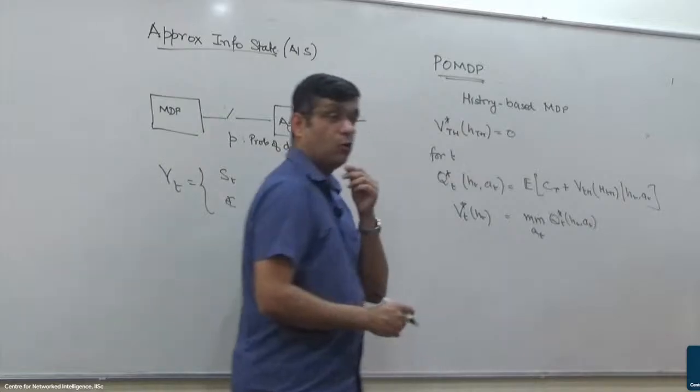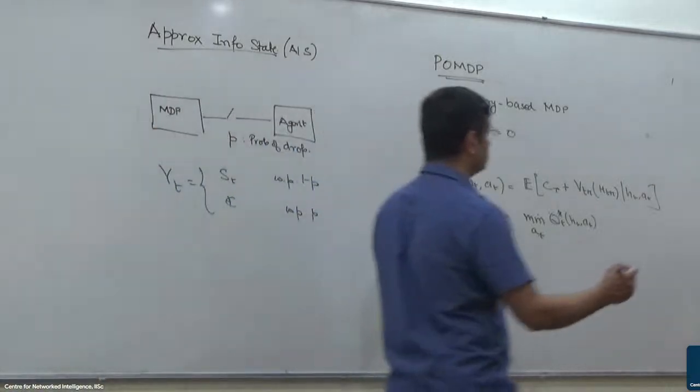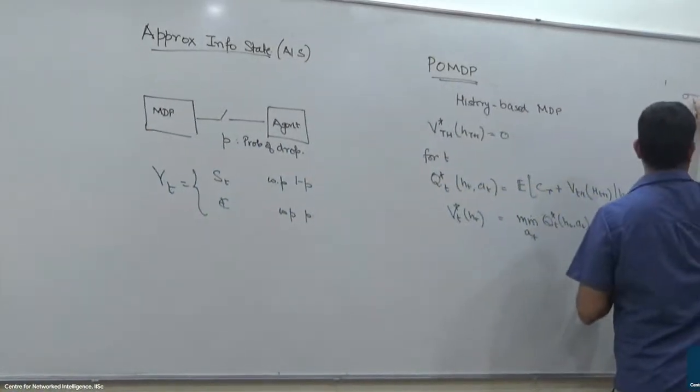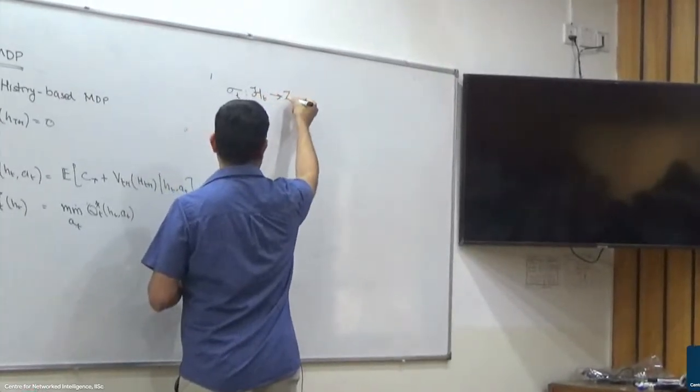Now, what am I doing in this example? I am saying that I am going to take the history and come up with an approximate information state. I have a function sigma which maps my history to some abstract space.